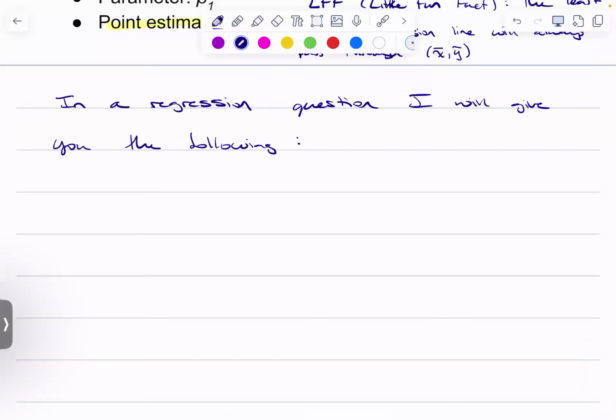I need to give you X bar, the average of the X's. I need to give you, let's do the X's first, S subscript X, which is the standard deviation of X.